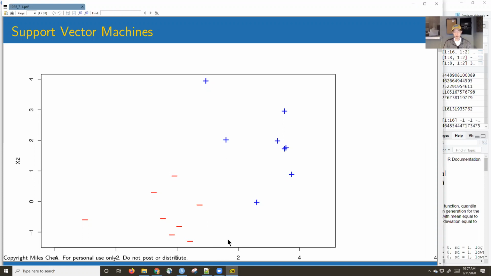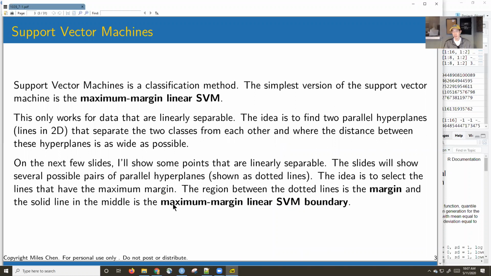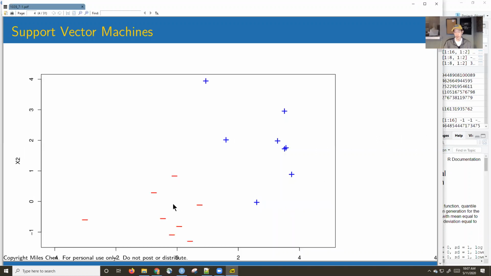Now if I had a blue dot right here in the middle, then this problem would no longer be linearly separable, and maximum margin linear SVM would fail.